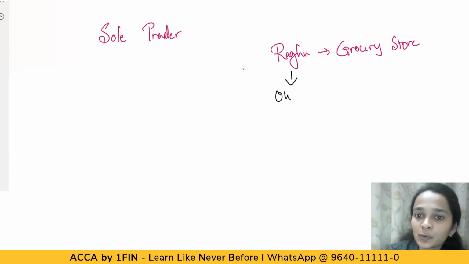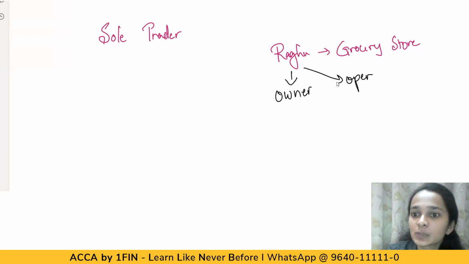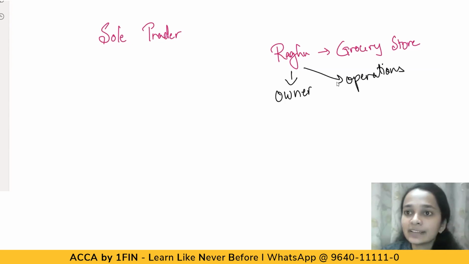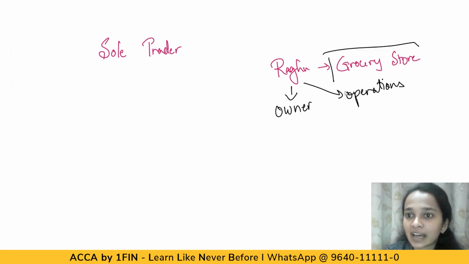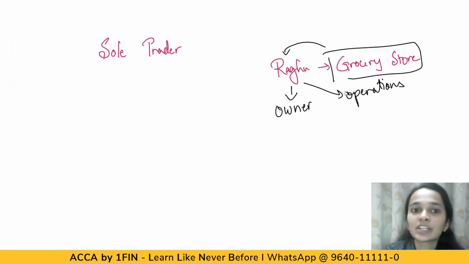He's the owner and he's the person who takes care of all the operations of the business as well. So here Raghu is a sole trader. There is no legal distinction which the grocery business has from its owner. So in case of a sole trader, there is no separate legal entity.